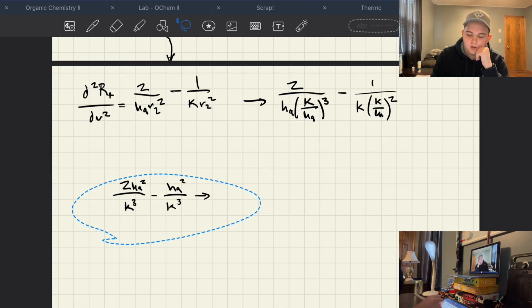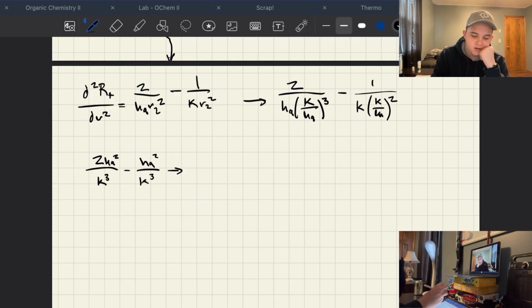So what we can see here is, since we have the same denominator, that's not going to matter, and since we have both of our HA values squared, that will always afford a positive value.